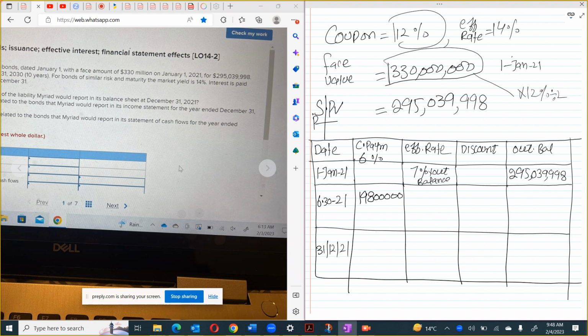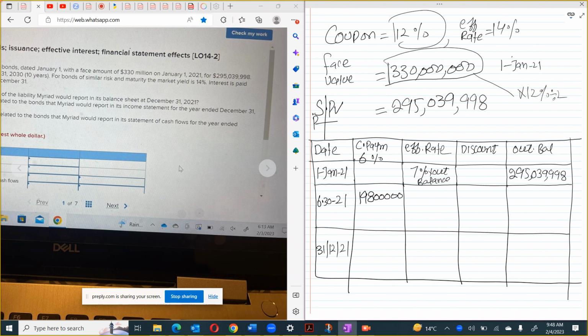For this, we need to go to requirement 3 because we have solved it there. The requirement is 30th June 2021, this period.